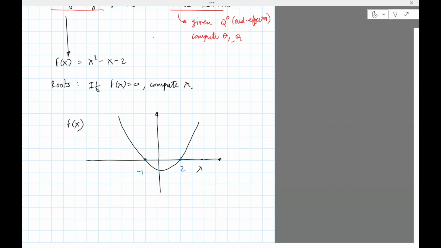So what we'll do is that we will use a function in Python, which will be able to give us the root. So the equivalent, I think it's called fsolve. Let me check. Yeah, it's called fsolve.